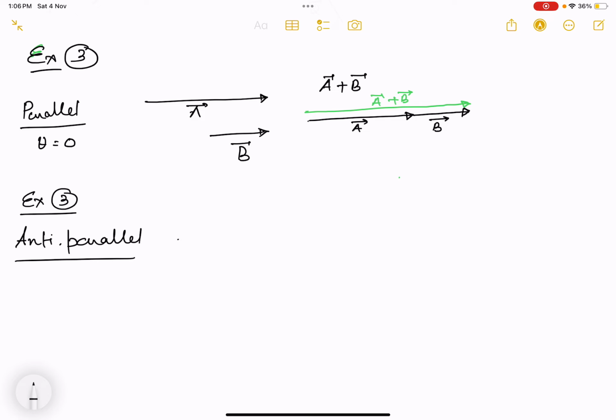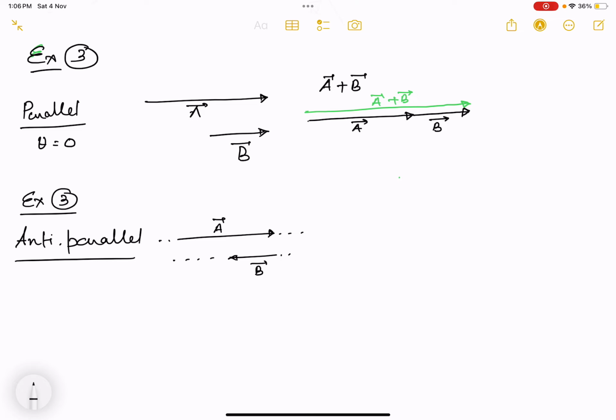That means my vector A is this way, जैसा पहले था, but my vector B is this way. So now they are pointing in opposite directions. They are still parallel. If you extend this line, the two lines will never intersect.